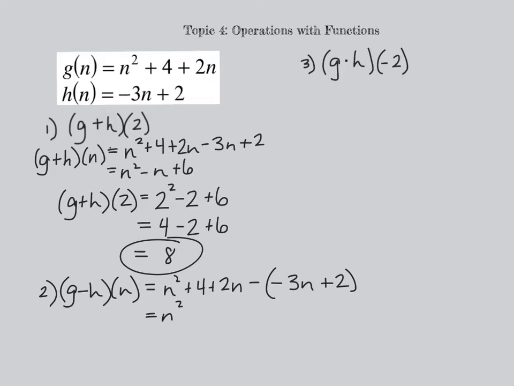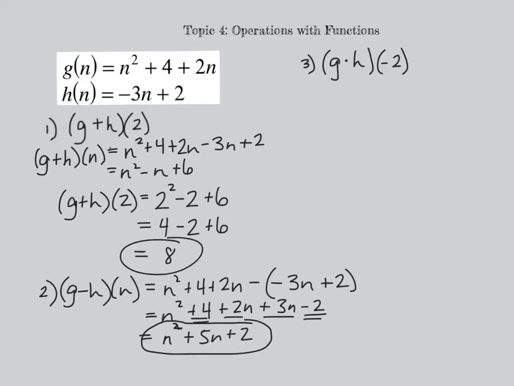Then we'll have n squared plus 4 plus 2n plus 3n minus 2 when we distribute the negative. Combining like terms will give us n squared plus 5n plus 2. And that one we didn't have to plug in any numbers.